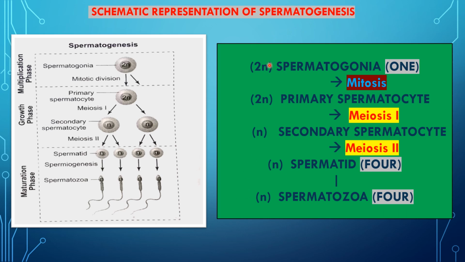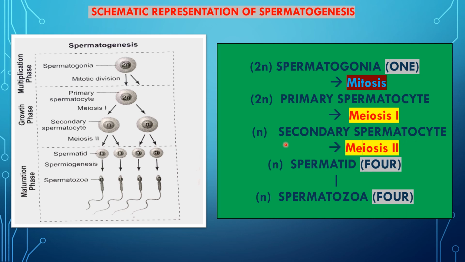See, I just represented this here again. Spermatogonium. Yes, diploid. One spermatogonium. First it undergoes mitosis, so it produces two primary spermatocytes. Each primary spermatocyte, again diploid, undergoes meiosis 1 and produces two secondary spermatocytes.